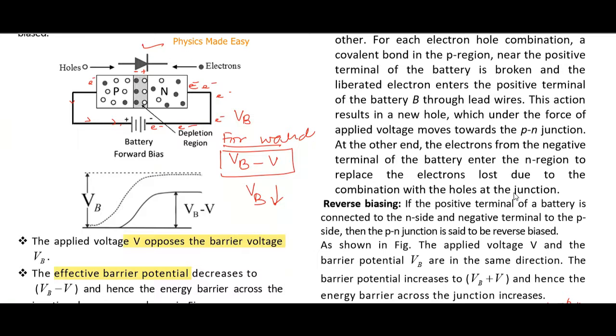For every electron crossing the barrier, an electron from here enters. In the next case, for every hole moving towards here, a bond breaks here, the electron goes to the battery and the hole goes to the barrier. In this way, this balance is maintained.